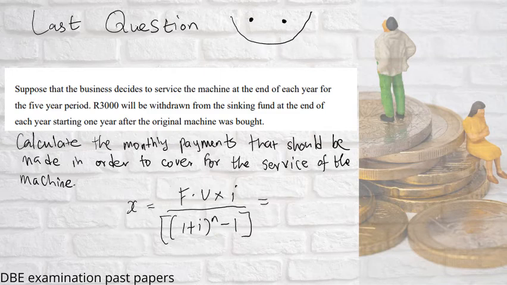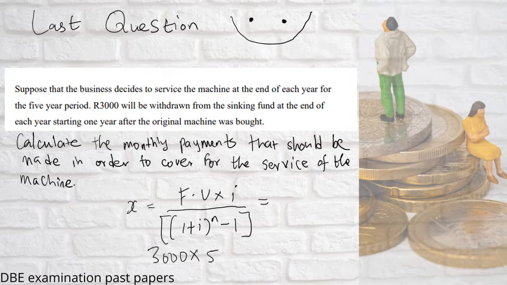Now the future value: 3,000 is withdrawn at the end of every year, and they need to service the machine for 5 years. The mistake most students make is to think the future value is 3,000 multiplied by 5.